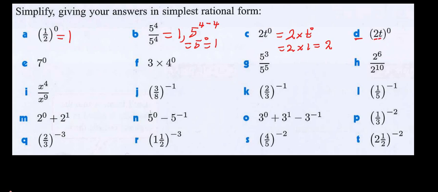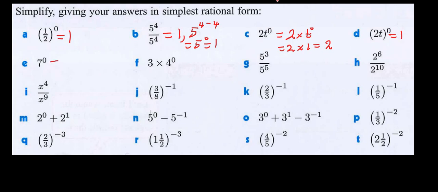So like I used to say, you can place the exponent on each of them and then distribute. Or because they are enclosed in the parentheses, it means that the 0 is affecting both of them. So automatically this is equal to 1, because that is 2 exponent 0, t exponent 0, so both are 1.